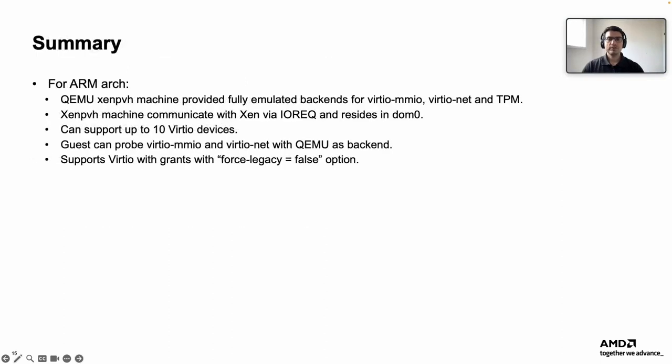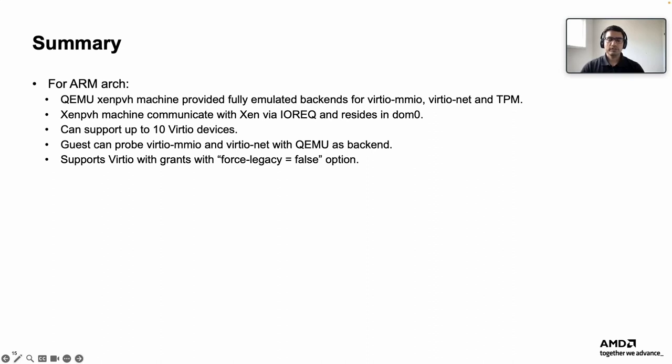So to summarize, we have introduced a new QEMU machine for Xen on ARM, and this provides fully emulated VirtIO backends for VirtIO MMIO, VirtIO Net, and TPM. This QEMU Xen PVH machine communicates with Xen via IOREQ, and this is mainly available in domU as of now.